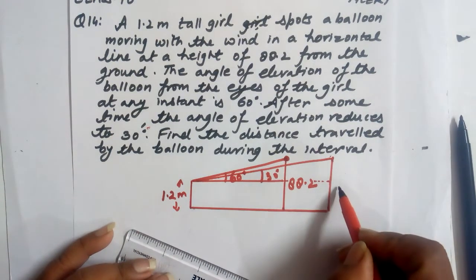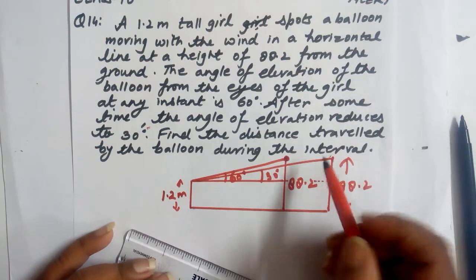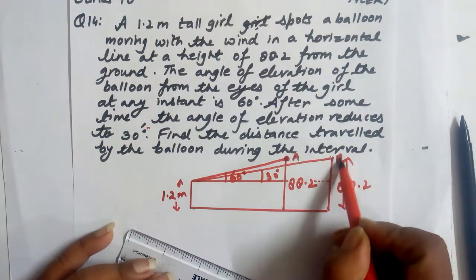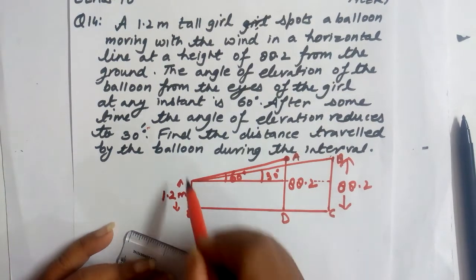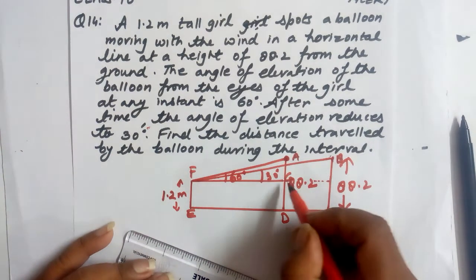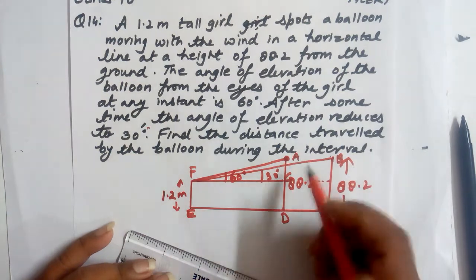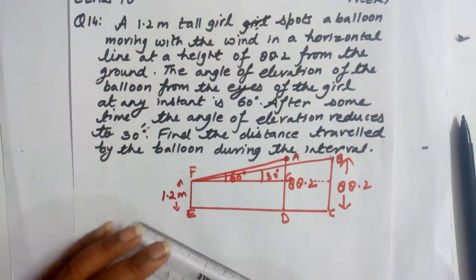Now this height is also 88.2. So suppose this is the point A, this is the point B, C, D, E, F, and this is the point G. This AD is also a height of 88.2.